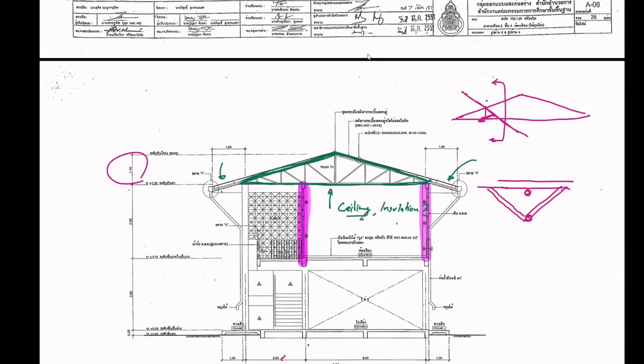Is it possible for a purlin not to sit on the joint of the truss? It is possible, and generally you will see that everywhere you go, you rarely see the purlins on the joints of the truss. That's reality. It's not a good thing to do, but people don't care when they construct it.